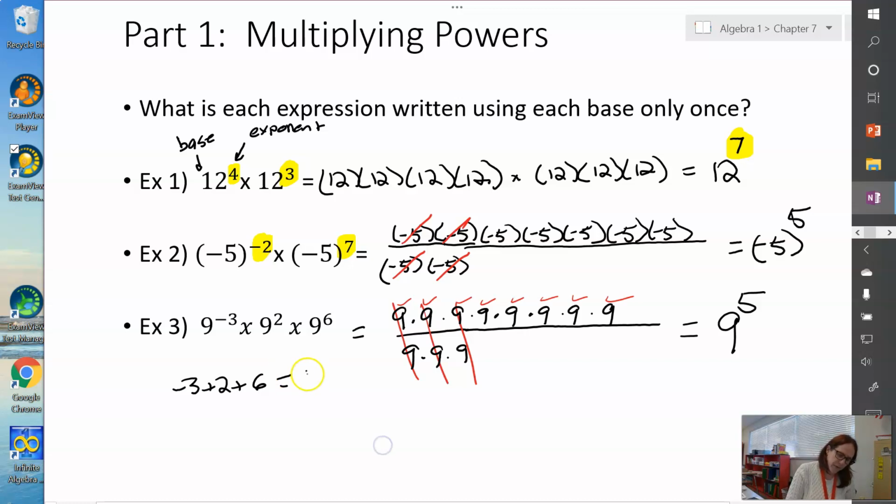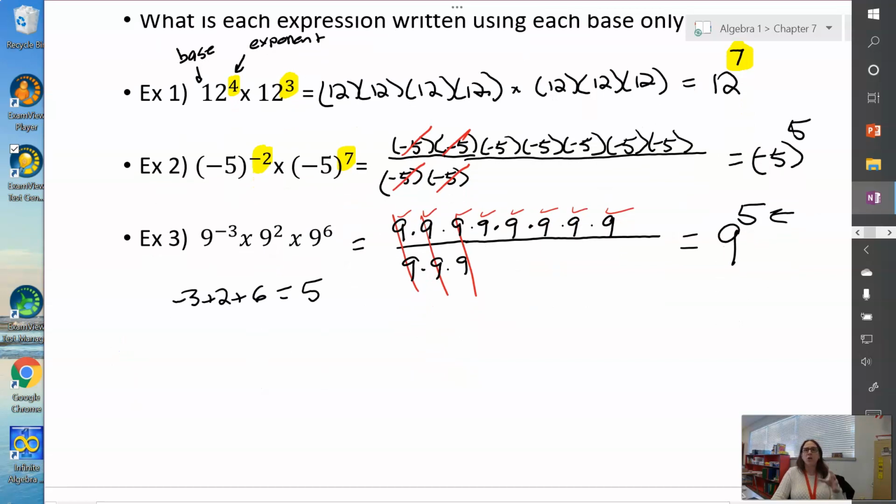Negative 1 plus 6, I'm sorry, is 5. So look, and I have 9 to the 5. So there's a shortcut here that I hope you're noticing. When you're multiplying by the same base, just add the exponents.